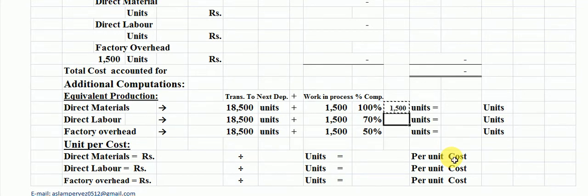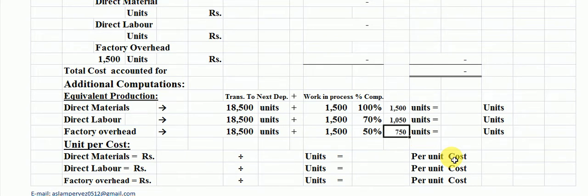So this is the 1,500 as direct material. 1,050 is the direct labor units and 750 is the factory overhead units, which are still work in process at the ending inventory.